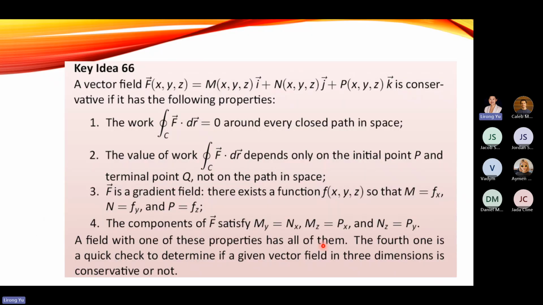A couple of things about conservative vector fields. If we have a conservative vector field, then the curl equals 0. Also, the line integral over any closed curve is equal to 0. And the line integral will be path independent, only depending on the initial point. If it's a conservative vector field, then it should be a partial derivative function.